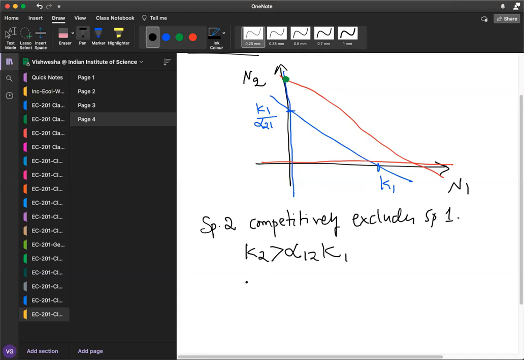The converse is K1 must be less than alpha 2-1 K2, which means that when K2 is at its carrying capacity, K1 is unable to invade. This condition forms case 2. The other two equilibria were these, but they are not stable.